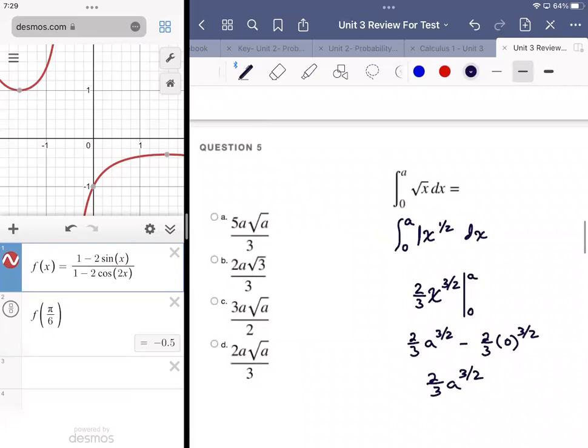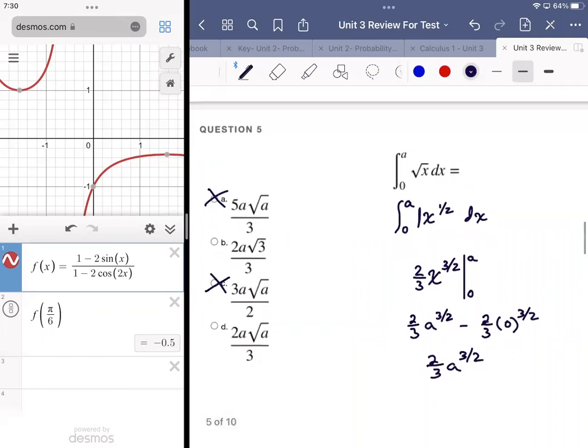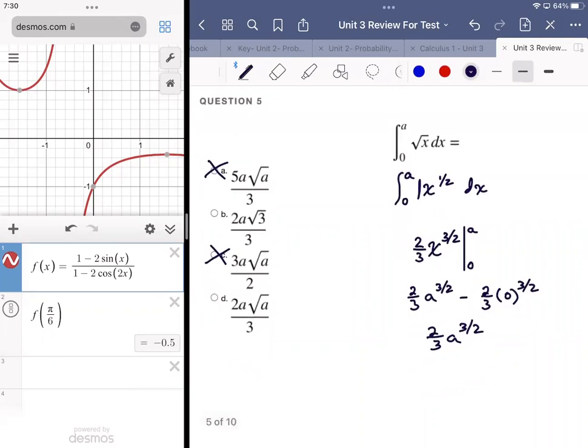Looking at our choices, again, similar kind of situation where it's like, all right, we got this answer, doesn't look anything like any of these choices. However, I can eliminate choice A and choice C. It's just a question of whether it's B or D. Now, looking at B, I don't see a radical 3 anywhere in my answer, so I'm suspicious about B.